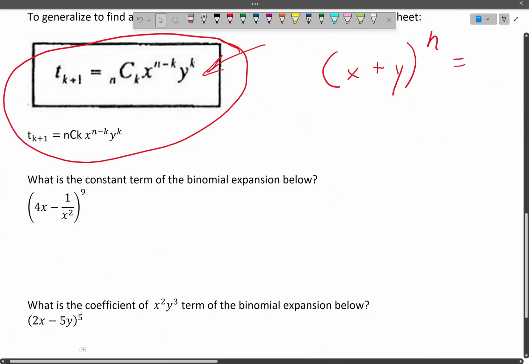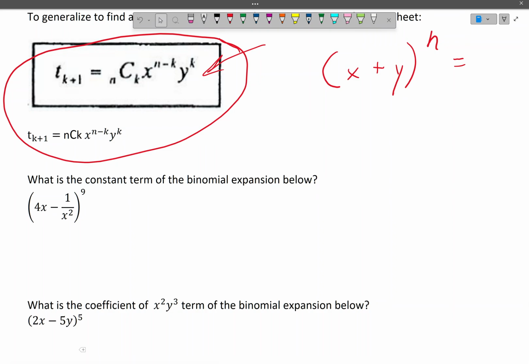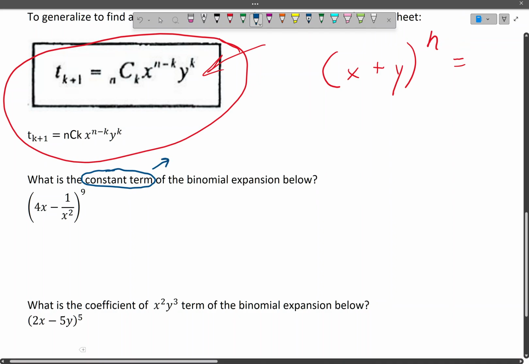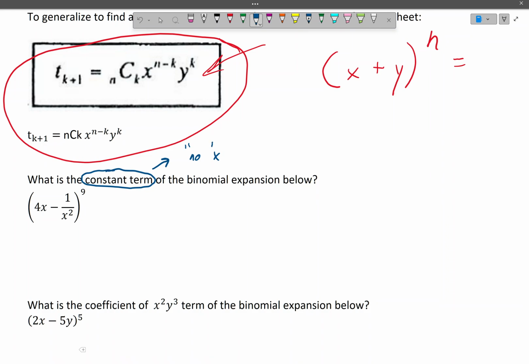All right, let's go ahead and try this one out. This is kind of an interesting one because it's asking us to find the constant term. Constant term means that the term has no x, or really no variable at all. And so here, how do we know when it's going to have no variable?